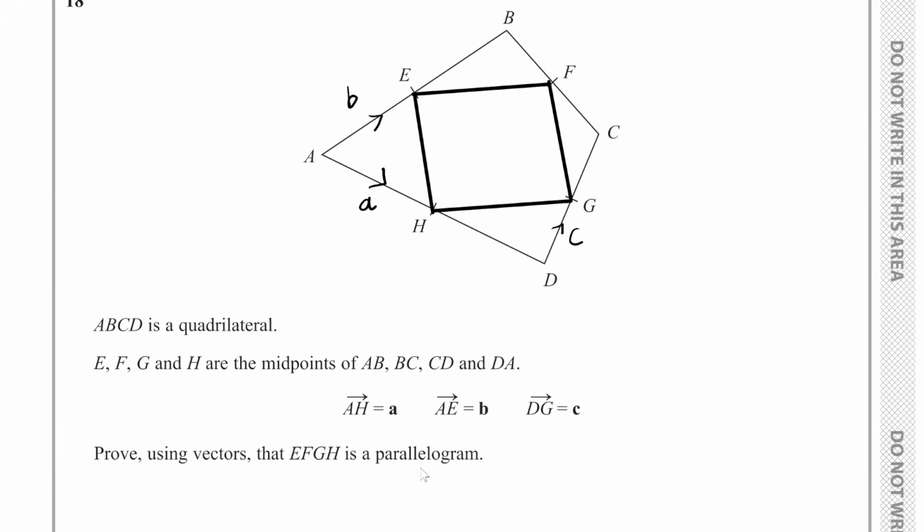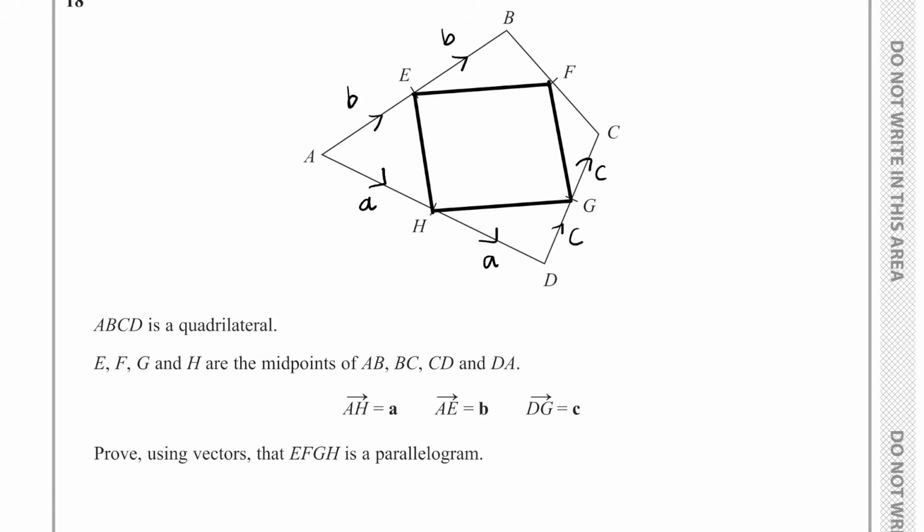So we're just going to have to work things out. So let's use the midpoints. If A to H is called a, H to D is also a, and we'll also have a c and a b for the other half of the line.